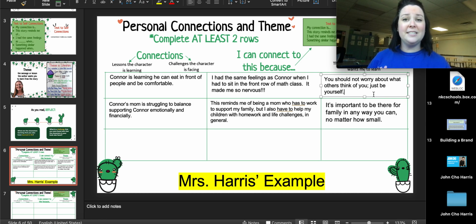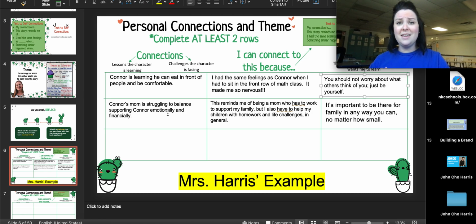Another example, being a mom: Connor's mom is struggling to balance supporting Connor emotionally and financially. This reminds me of being a mom who has to work to support my family, but I also have to help my children with homework and life challenges in general. It's a constant battle and a balancing act for the most part.